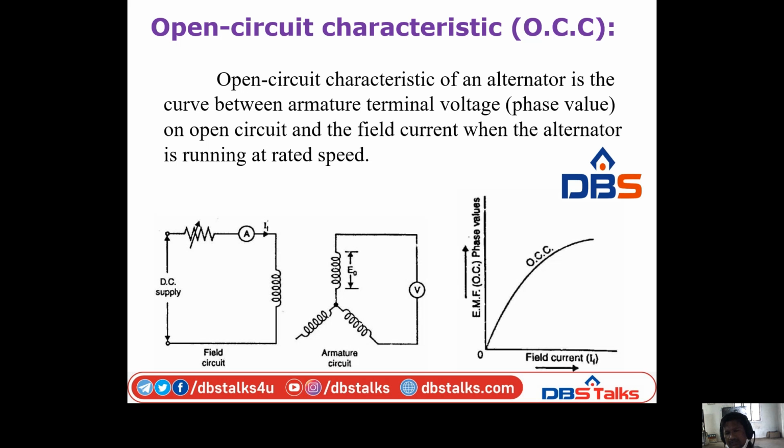The other terminal is open circuit. Suppose I connect a voltmeter between R phase and Y phase, then the open circuit is B phase. Suppose I connect the voltmeter between Y and B, then the open circuit is R phase, like that. So this is the open circuit voltage.